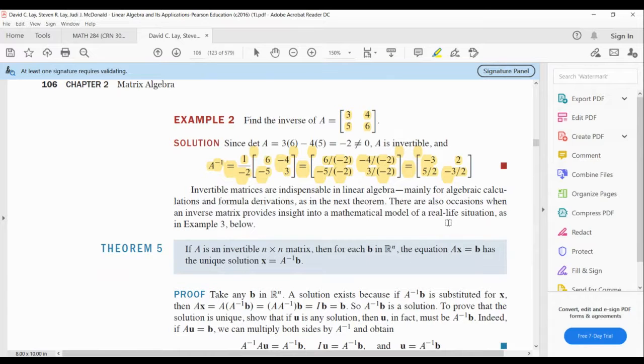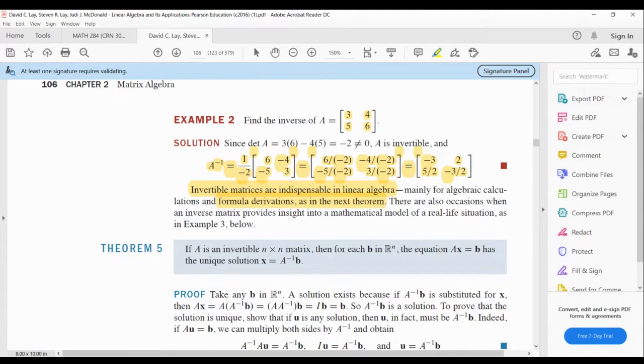It's not a big deal to do that. They mention that invertible matrices are indispensable in linear algebra, mainly for algebraic calculations and formula derivations, as in the next theorem.